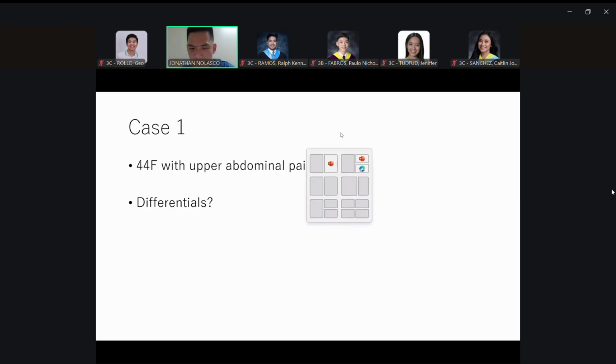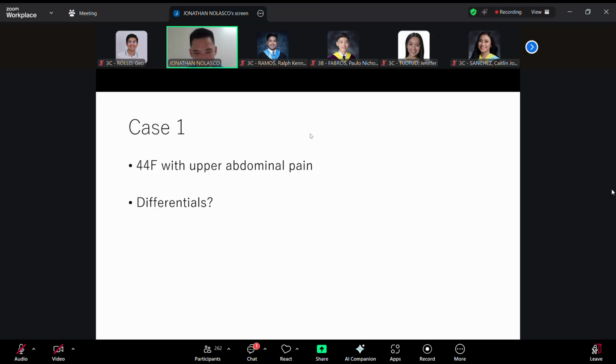Nobody has typed anything yet. No ideas? Upper abdominal pain. Yes, of course. Number one, cholecystitis, because that's the topic today. What else? Pancreatitis, yes. GERD, yes. These are very common.